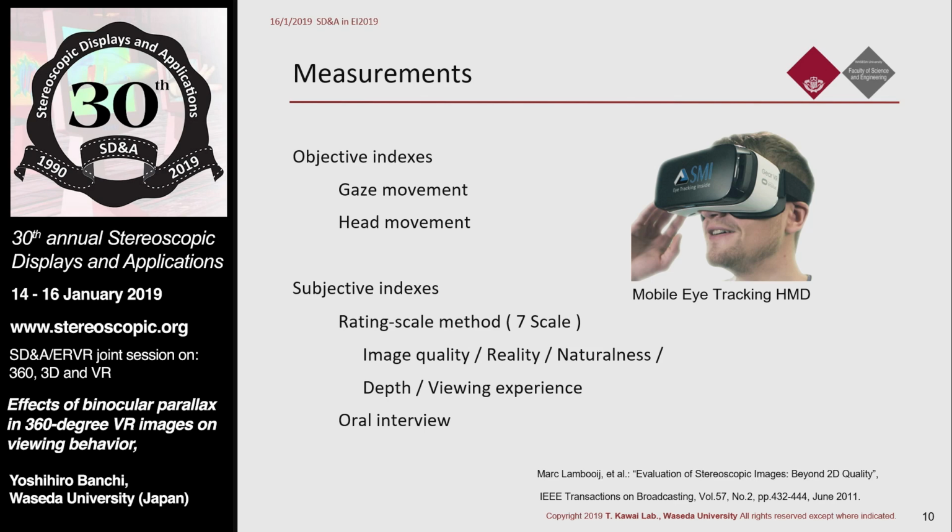As subjective indexes, a 7-point rating scale and an oral interview were conducted. The question items were made from previous research on the evaluation of 3D images: image quality, reality, naturalness, depth, and viewing experience.